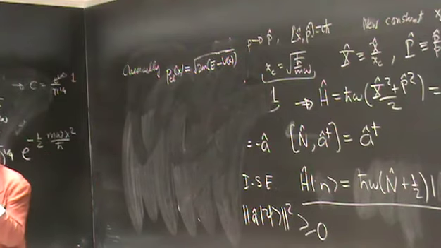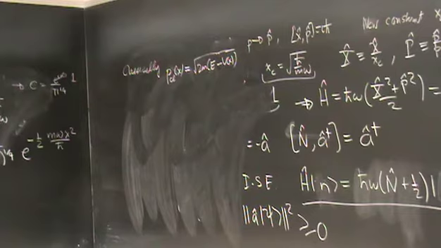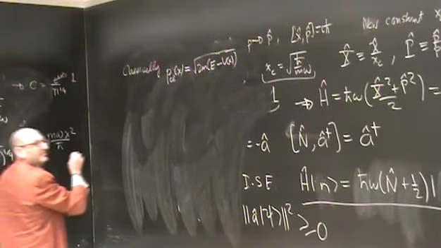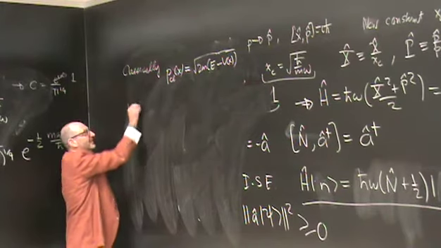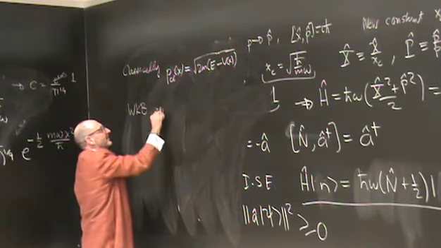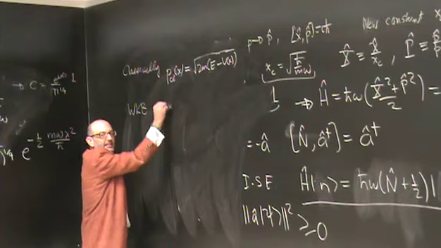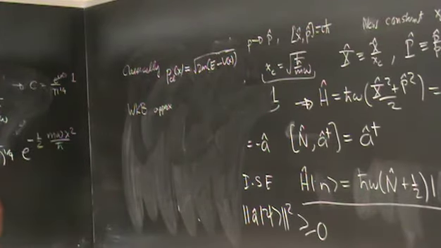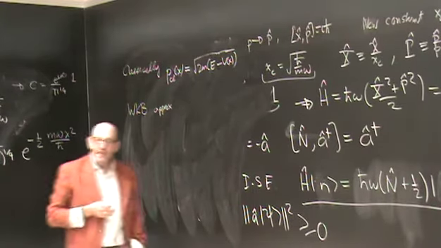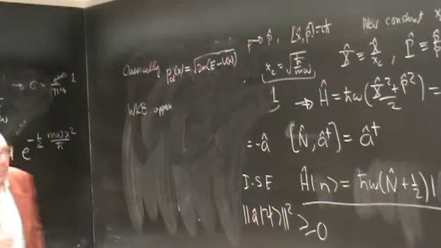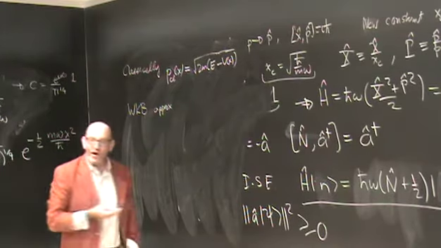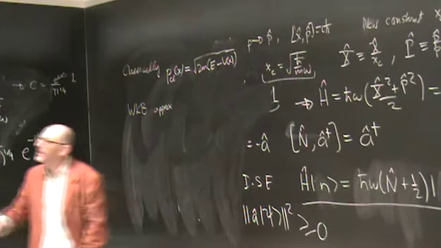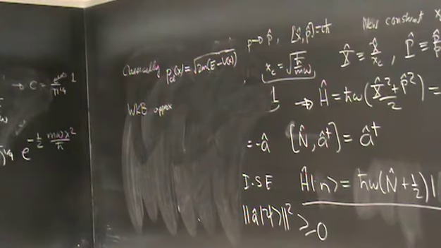Now, what we talked about, very briefly, but we did talk about this, is the WKB approximation. The WKB approximation is a way of writing down the wave function when the momentum is large compared to the characteristic scale of change of potential.